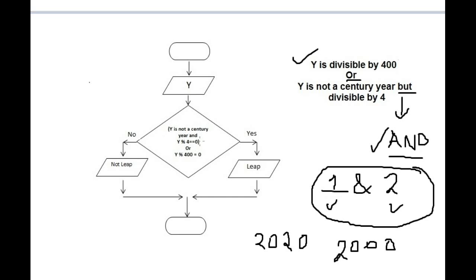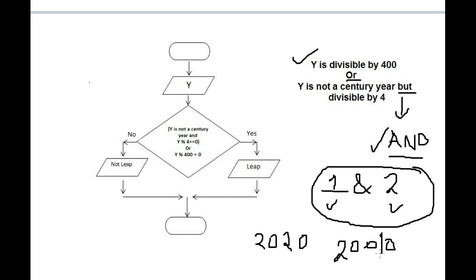If this is not true, that means the part within the bracket does not give us true, then in that case I should ensure whether the other one is true or not. That means if it is said that I don't have a pen, I should check whether I have a pencil or not. Because if I have a pencil, that also has a possibility of satisfying me. Now year 2000 is divisible by 400. So what will happen? Any of these two get satisfied.